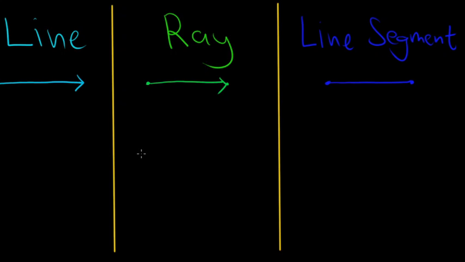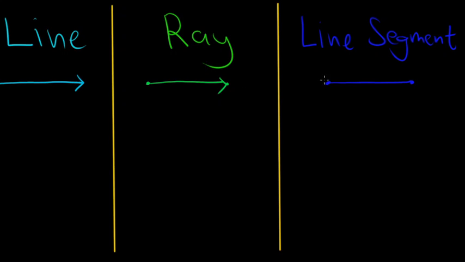Notice that the only difference is this arrowhead right here. A line contains two arrowheads, and arrowheads mean that these series of points extend infinitely towards that direction. Which means a line extends infinitely in both directions, while a ray only extends in a single direction since it only has a single arrowhead.